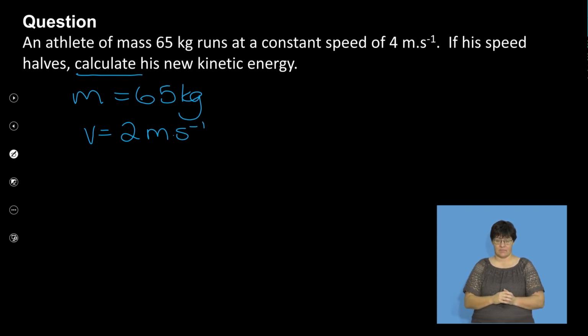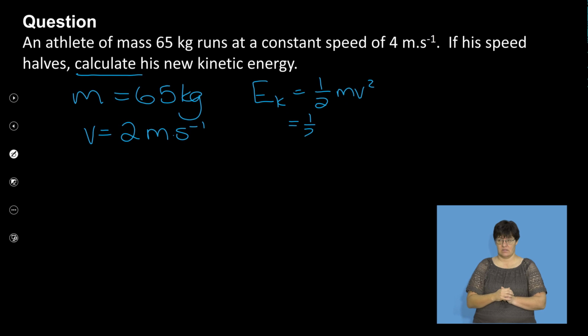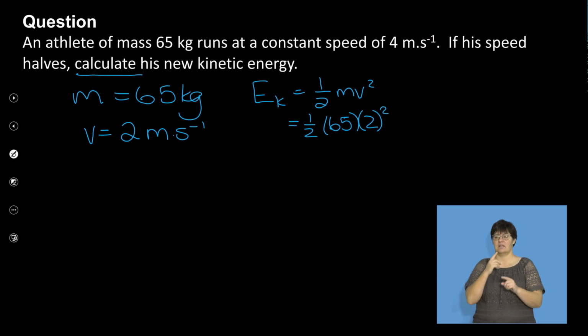What I'm expecting is that his kinetic energy is going to be 4 times smaller. Okay, so let's see if that's right. EK is a half mv squared, so it's a half times 65 times 2 squared.